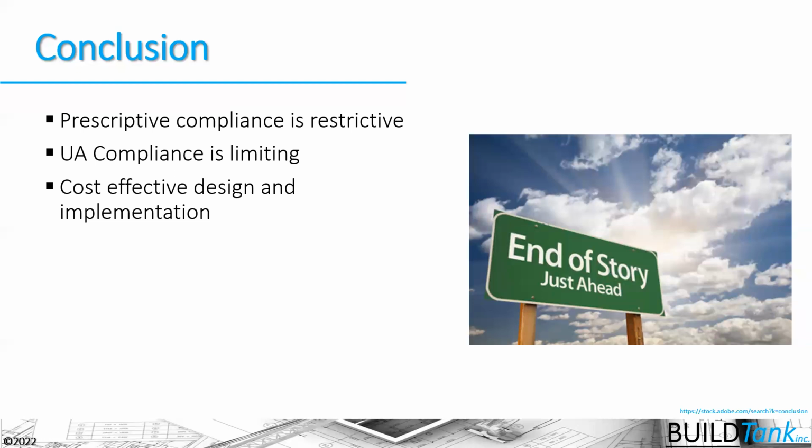The area weighted U value trade-off is the only trade-off mechanism that you have in the prescriptive section of the code, but you do have other options like the building performance option that gives you the ability to trade off house tightness for R values or reduced duct leakage for R values there.